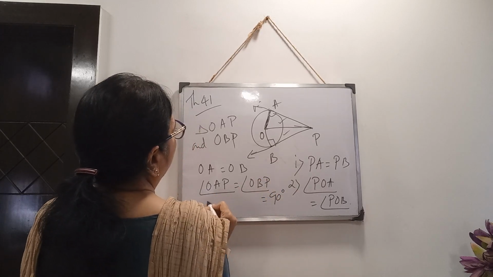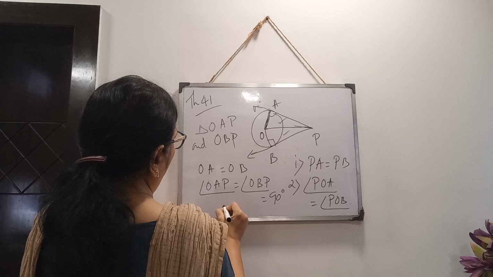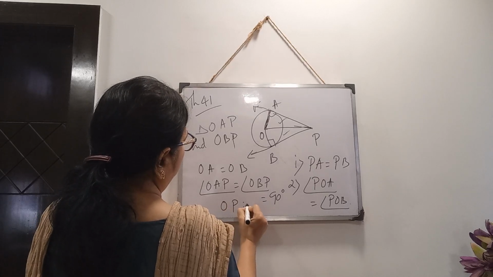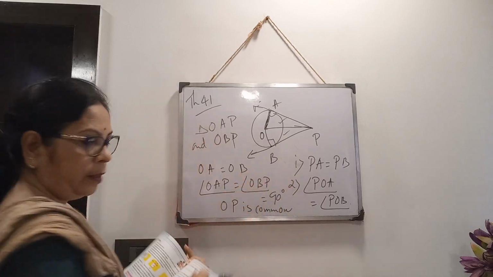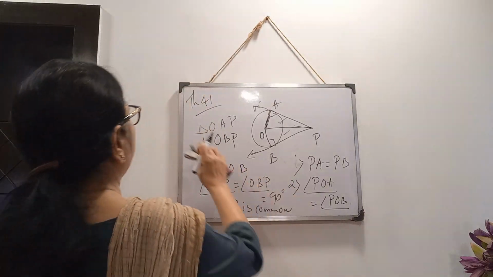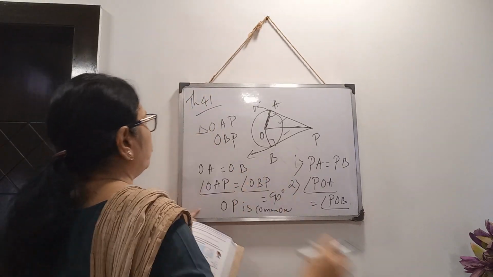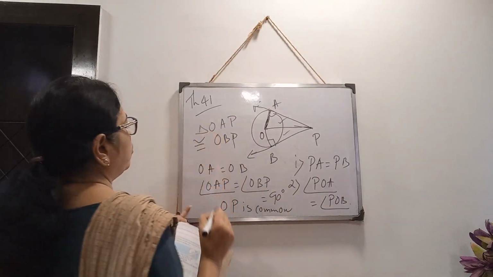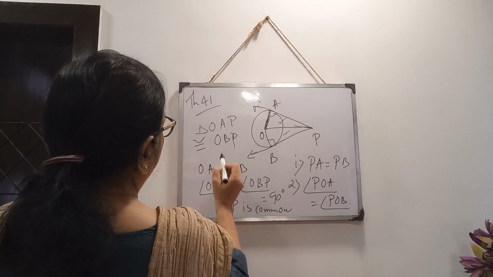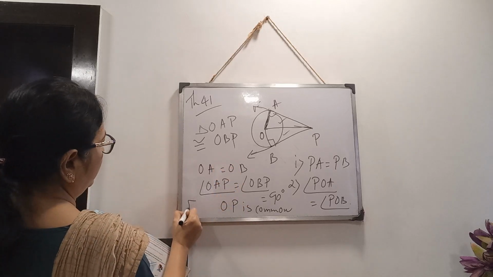So this is 90 and OP is common. Therefore, these two triangles are congruent. Therefore, triangle OAP and triangle OBP are congruent triangles according to side angle side congruency.